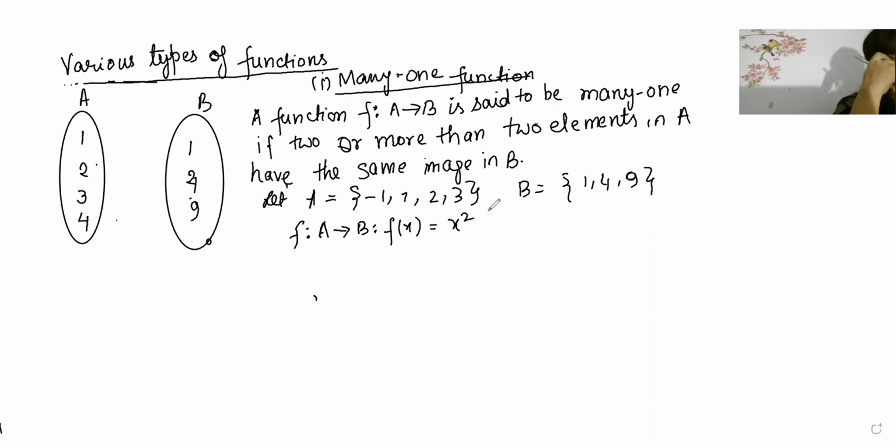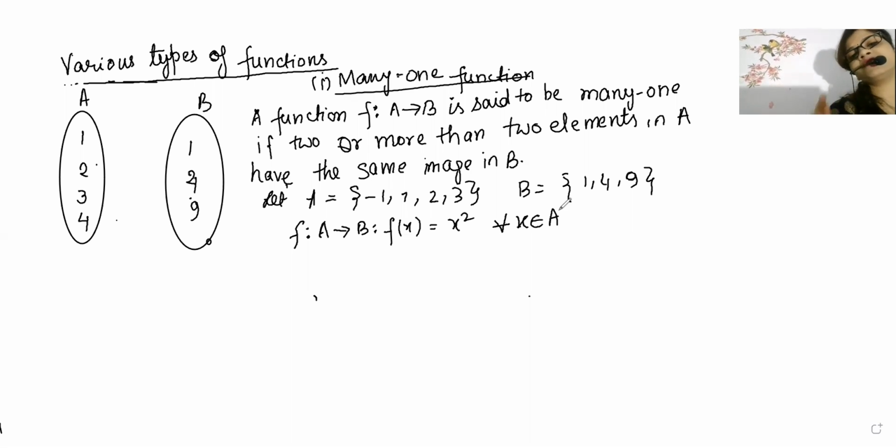Now that means x square, and then more specific, where x is belonging to A. Yesterday, at the time of teaching function, I told a very important point: x is independent variable, and independent variable always belongs to domain.